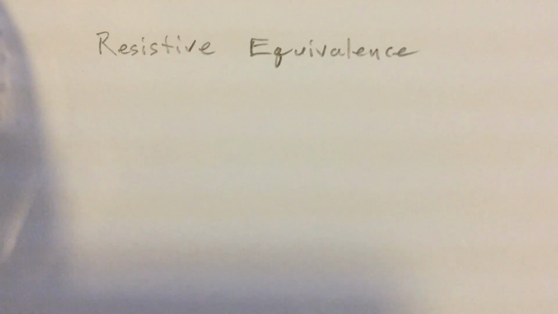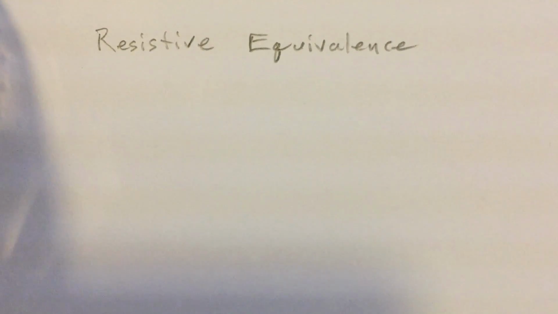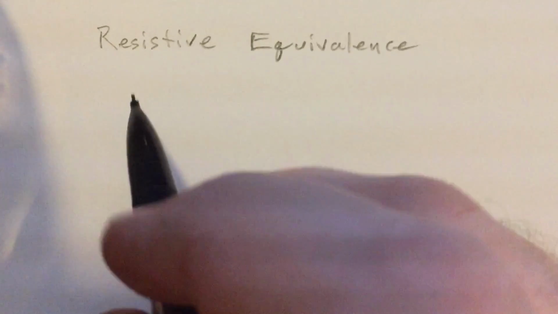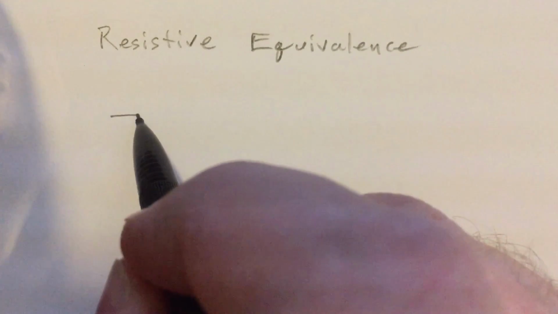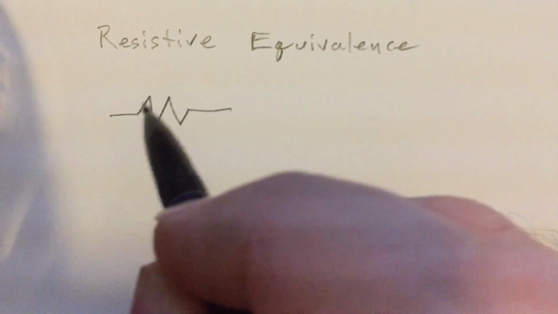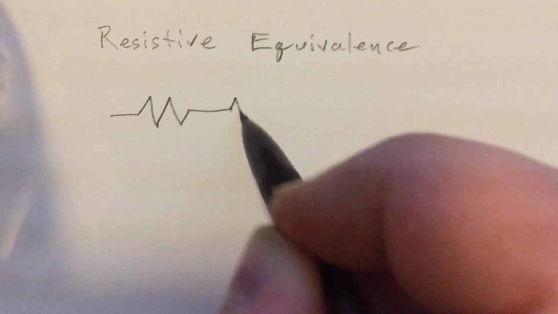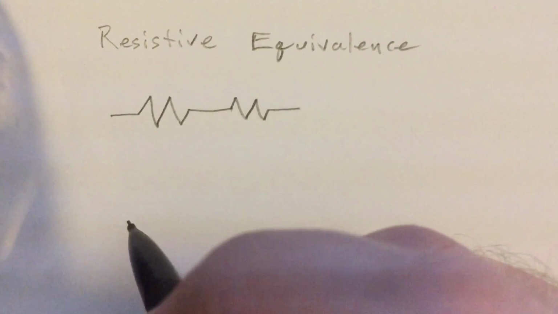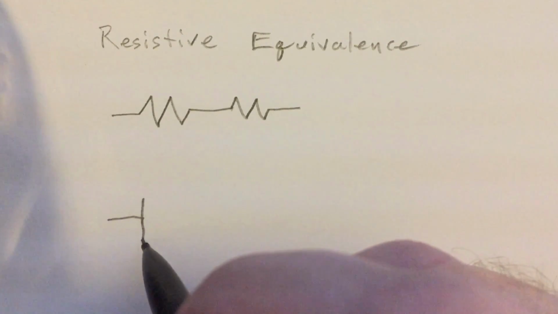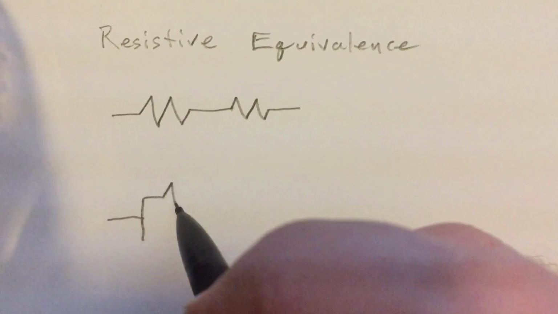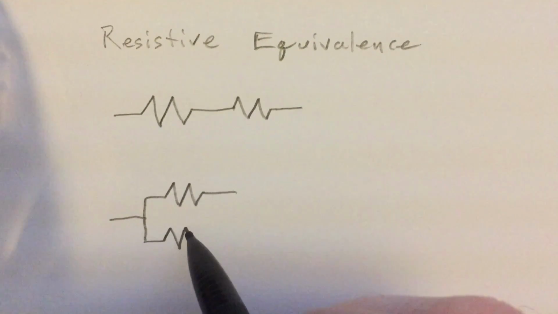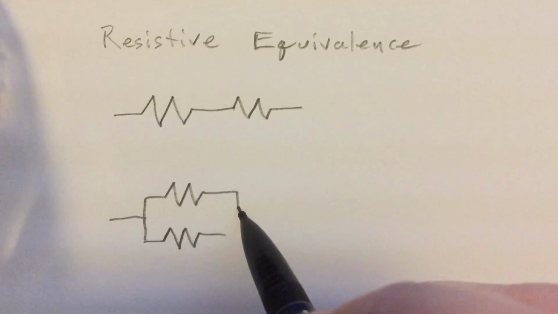The idea being that you can combine two resistors in such a way that there is a single resistance acting between the two terminals.